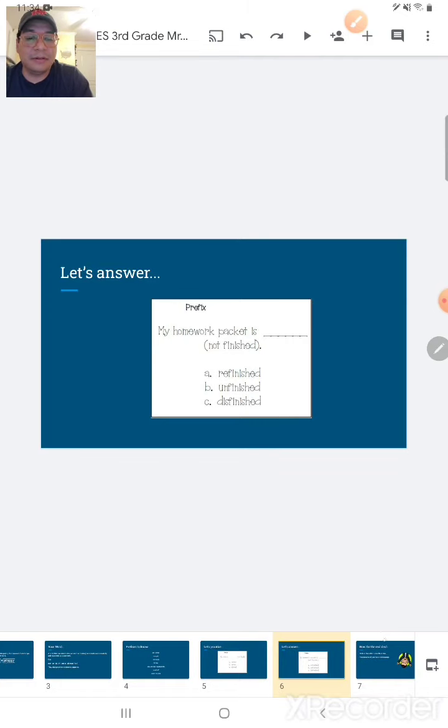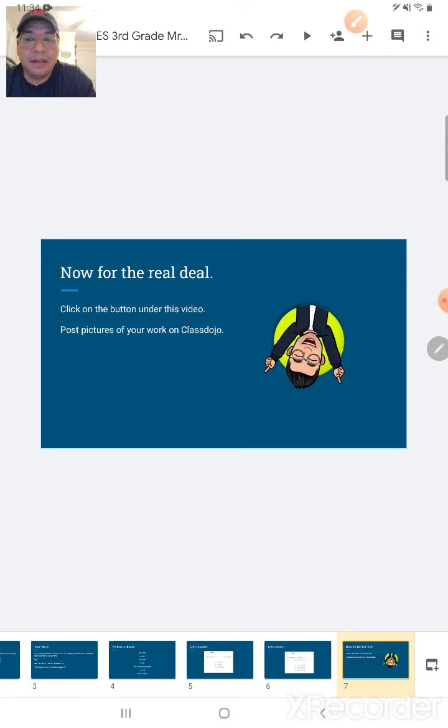So slide number 7. Now for the real deal. It says click on the button under this video and post pictures of your work on Class Dojo. Don't forget to always post something on Class Dojo. Also, if you have questions or thoughts or ideas, send me a message. I like to hear what's going on in your mind when you're working on this stuff. Remember, prefixes have to do with practice, and what sounds good, and understanding the prefix at the beginning of the word and what it means.